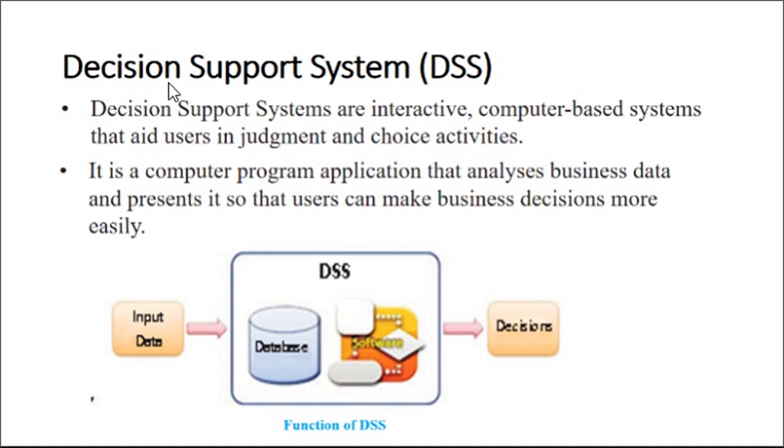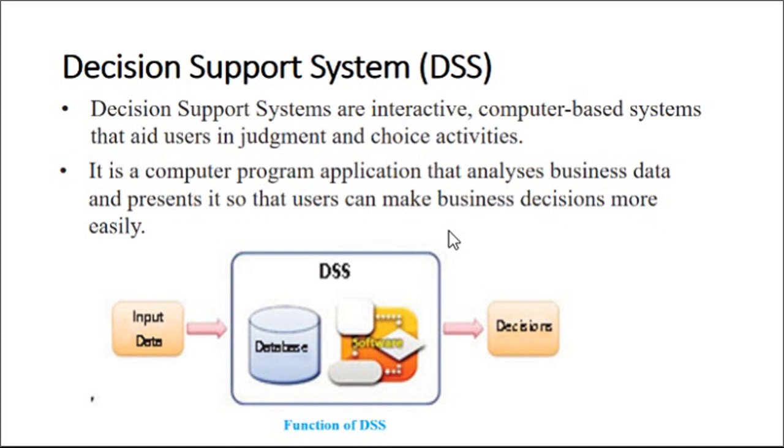The decision support systems are interactive computer-based systems that aid the user's judgment and choice activity. It is a computer program application that analyzes the business data and presents it so that the user can make the business decision more easily.